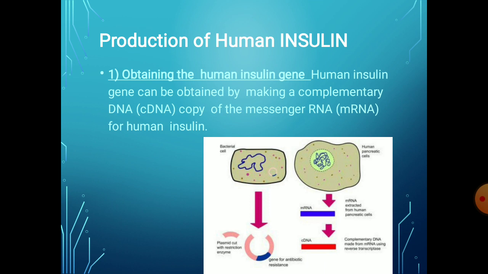On one side we have cDNA from a human pancreatic cell, that is complementary DNA made from RNA using reverse transcriptase. On the other side, we have a plasmid which we have cut through restriction enzymes.